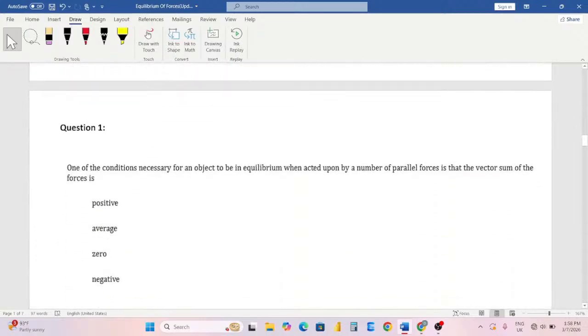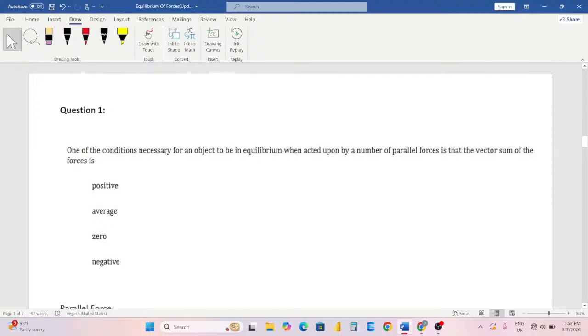Okay, let's attempt this question, the UTME style question. So I got some questions for us to assess whether we understand each section of the topic.